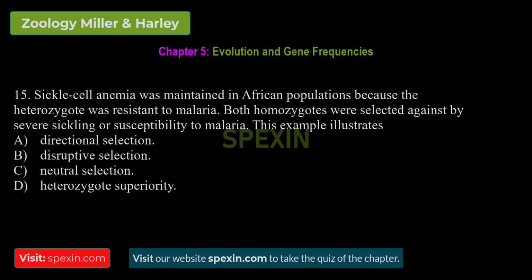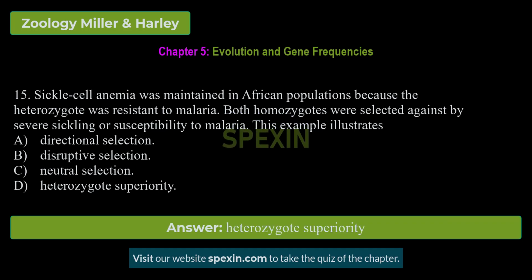Sickle cell anemia was maintained in African populations because the heterozygote was resistant to malaria. Both homozygotes were selected against by severe sickling or susceptibility to malaria. This example illustrates directional selection, disruptive selection, neutral selection, heterozygote superiority.